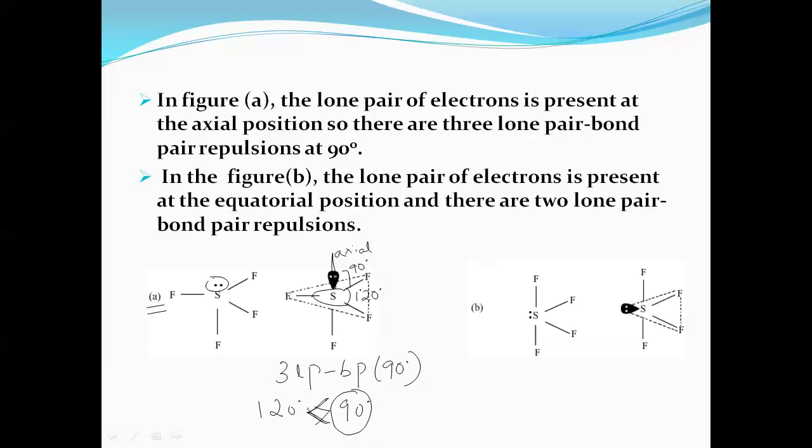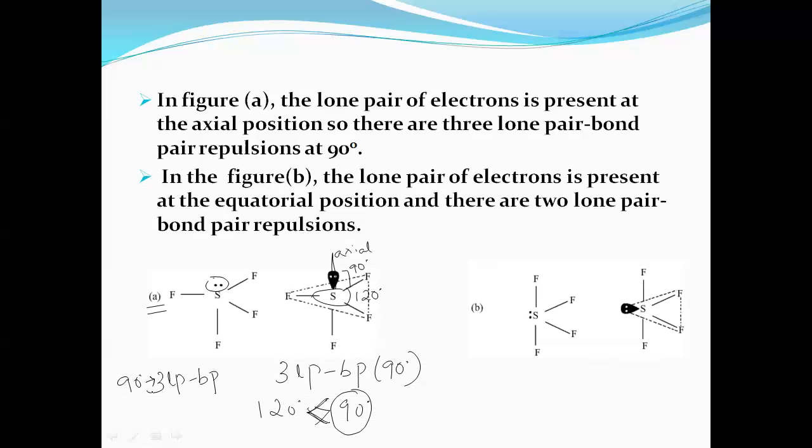So when we place this lone pair at the 90 degrees position, it will face repulsions between the lone pair and these bond pairs. So 1, 2, 3: it will have 3 lone pair bond pair repulsions at 90 degrees.